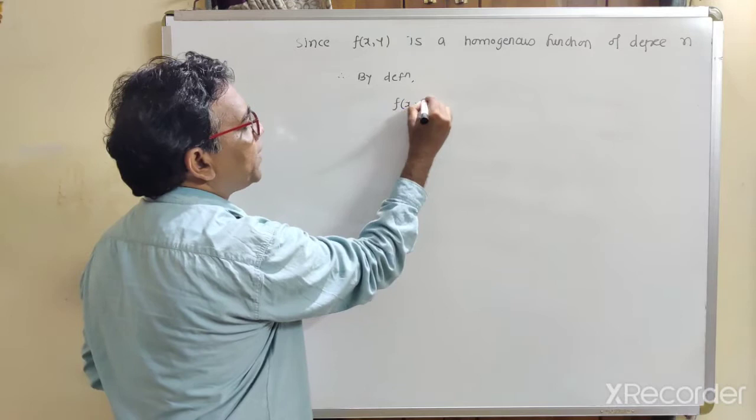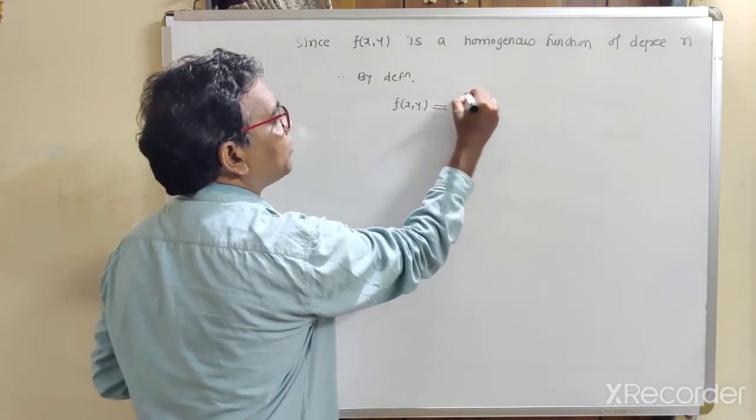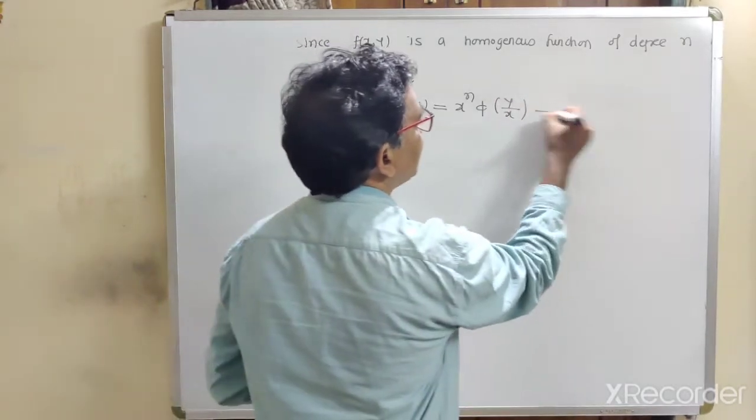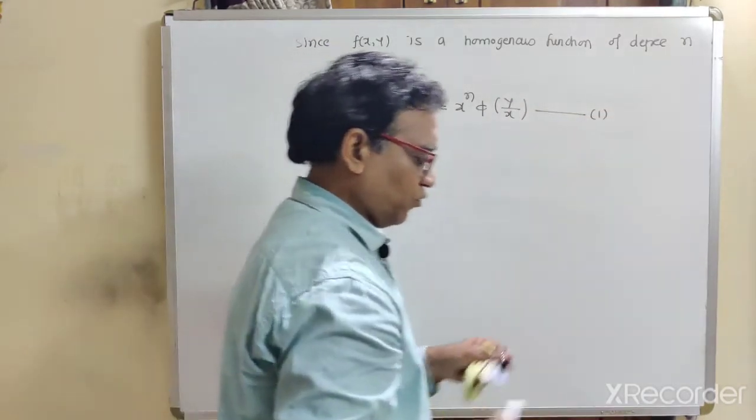We can express f(x,y) in the form x raised to n into a function of y by x. This is equation number 1.